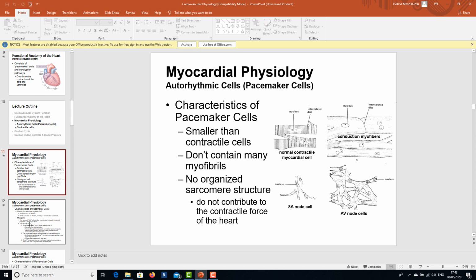So that's why they do not contribute to the contractile force of the heart. We all have to keep this in mind, that although they are there in the heart, they are just active in generation of the action potential in the heart, but they are not contractile themselves.